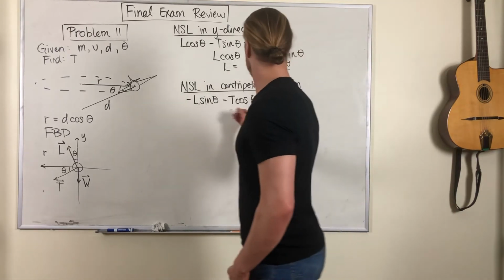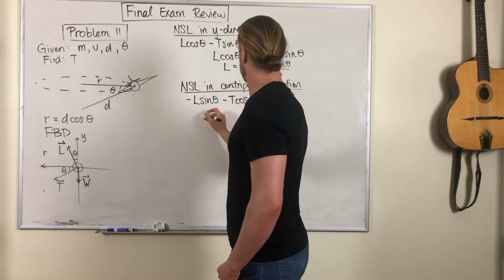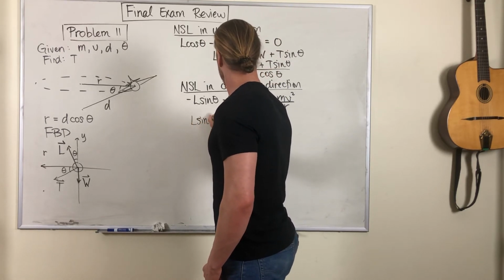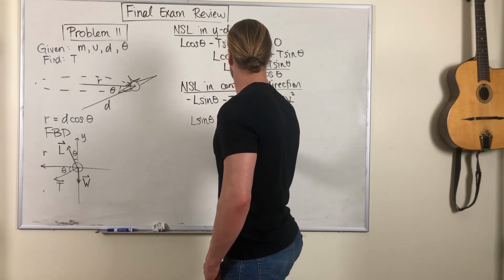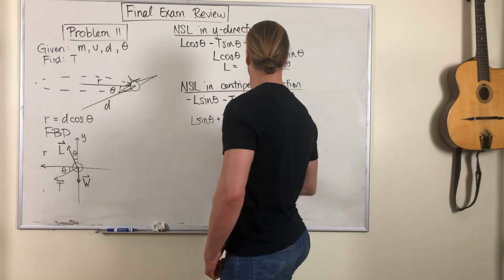Okay. So what do we have? L sine theta plus T cos theta equals m v squared over r.